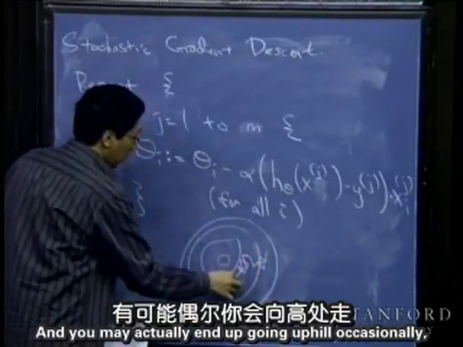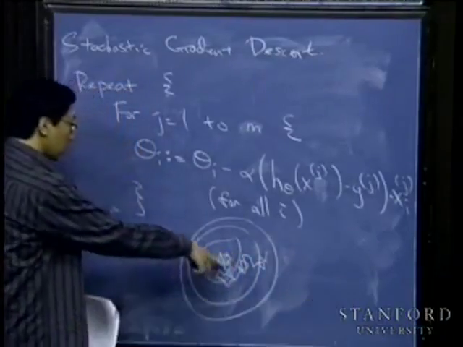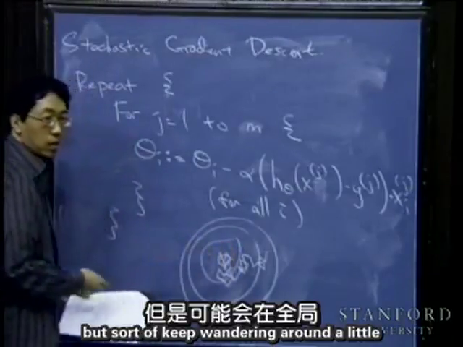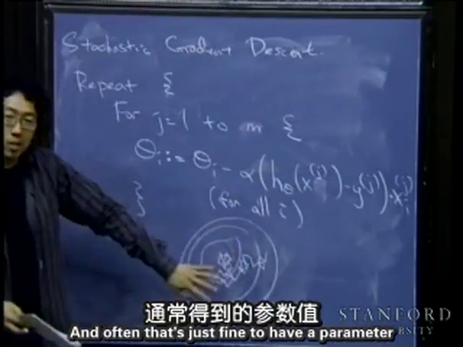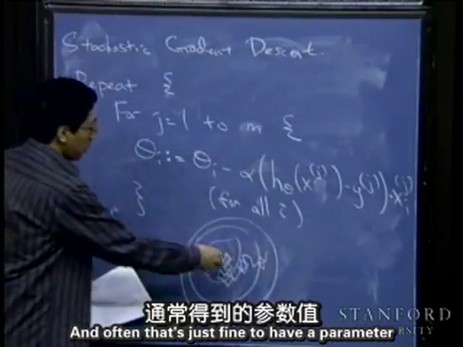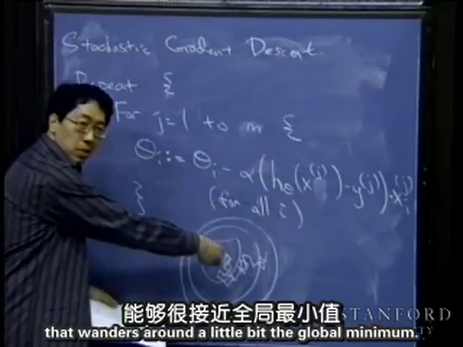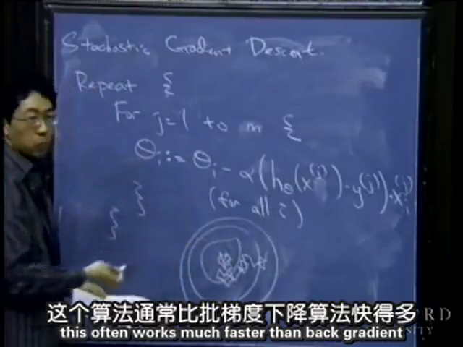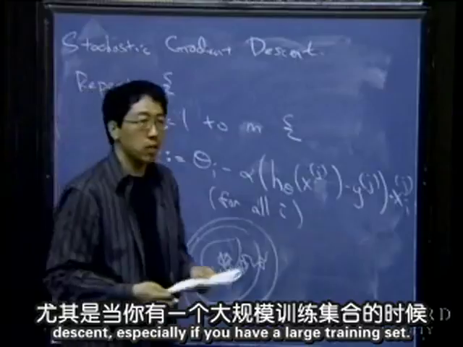You may even end up going uphill occasionally, but your parameters will tend to wander to the region close to the global minimum, and keep wandering around a little bit near it. And often that's just fine. In practice, this often works much faster than batch gradient descent, especially if you have a large training set.